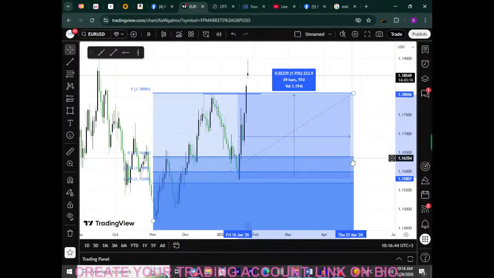23 pips. They might seem like small pips, but if you use a big lot size, it is almost the same as gold, because for gold and USD you use a smaller lot size, but for currencies we use a bigger lot size because our stop loss will be small.